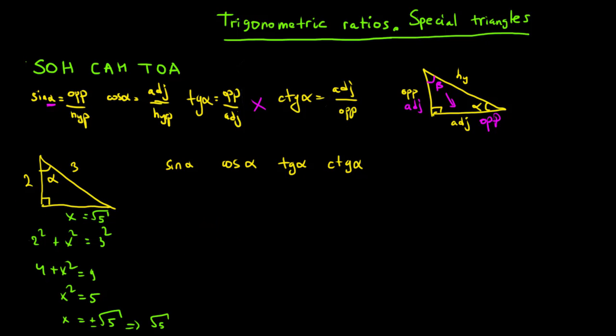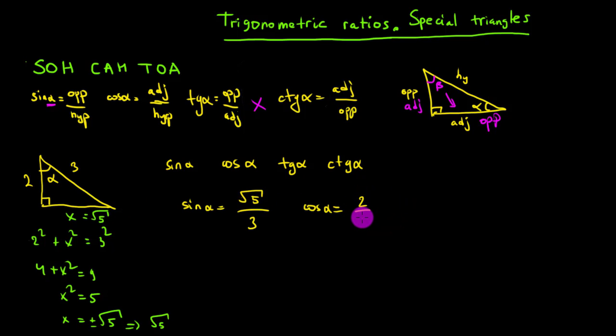So what is sine alpha? We know it is opposite over hypotenuse. Opposite to alpha is square root of 5, over hypotenuse 3. Cosine alpha is adjacent over hypotenuse.